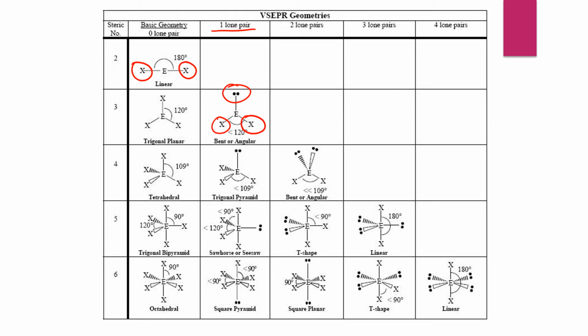It also represents the shape as well, drawn in this case with something called the wedge and the dash. So you guys will see this quite a bit if you take organic chemistry. And these wedges, y'all, they represent going out of the paper.